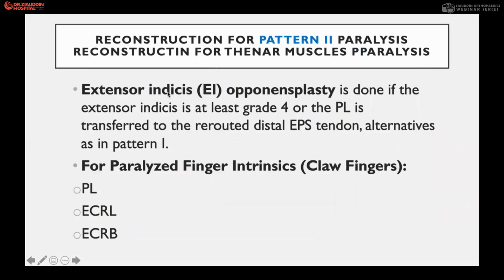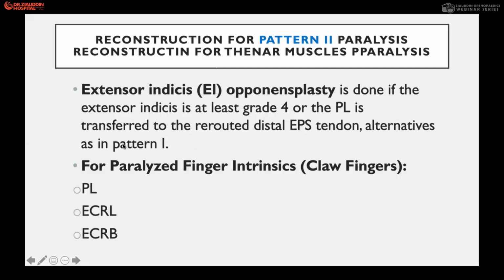Here it shows the extensor indicis opponensplasty, which is done if the extensor indicis is at least grade 4, or the palmaris longus is transferred, rerouted distal to the extensor and the distal part to the extensor pollicis superficial tendon.